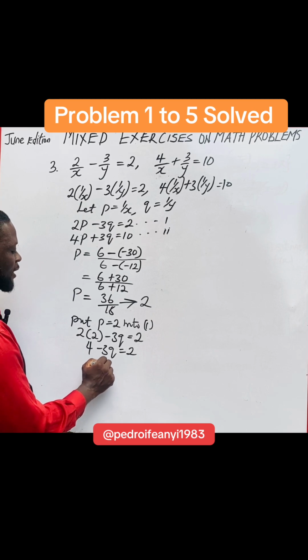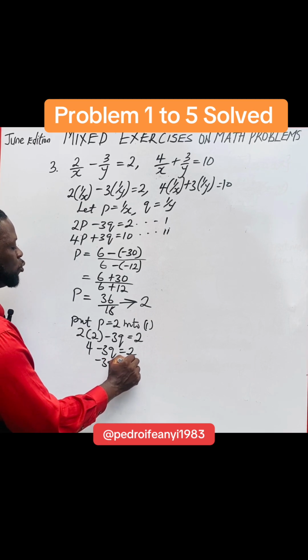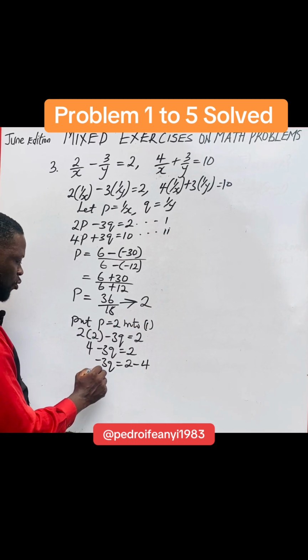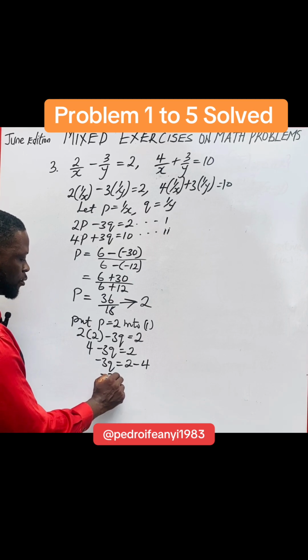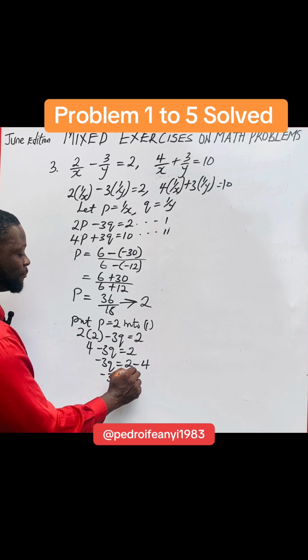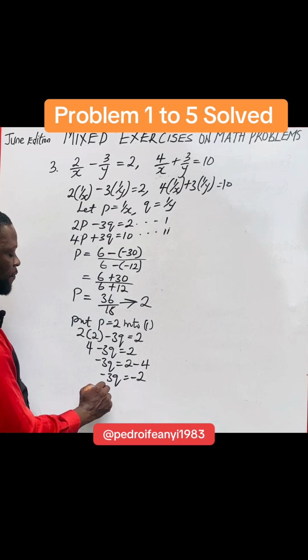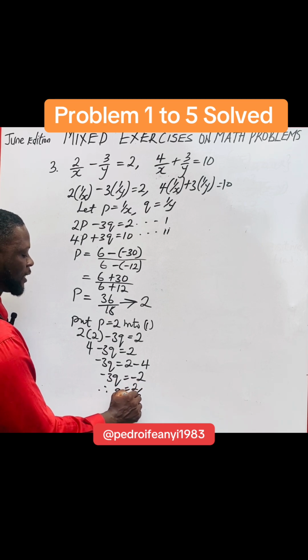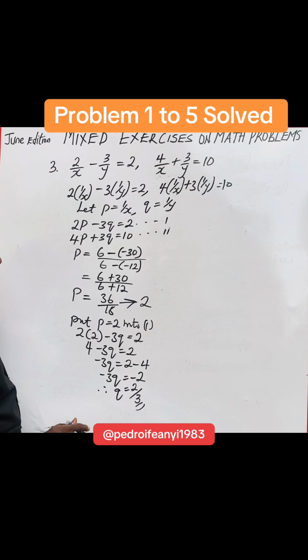So minus 3q is equal to 2 minus 4, going across to this side. So we have minus 3q equal to minus 2. Therefore, Q is 2 over 3, because the minus cancels out the minus.